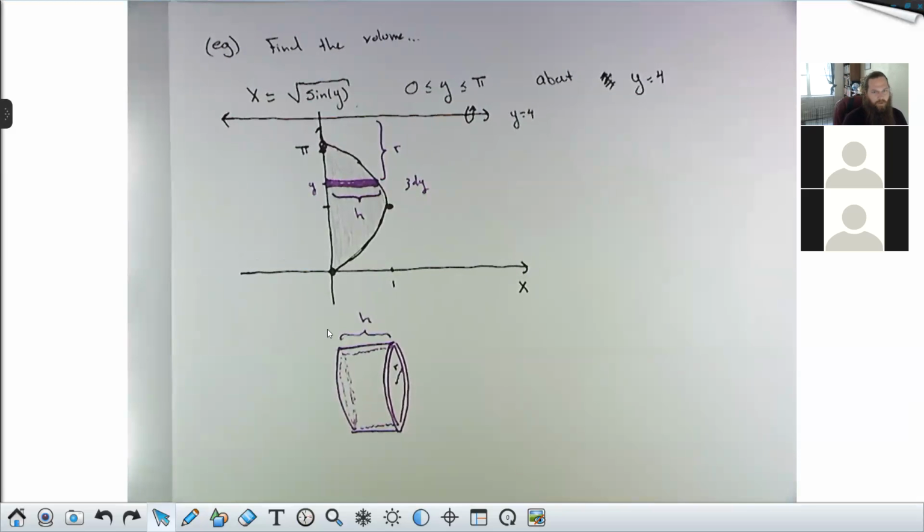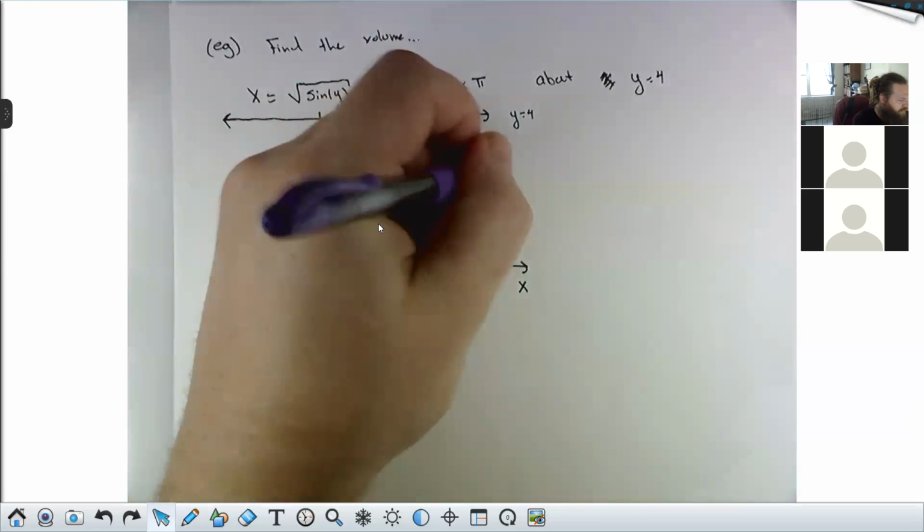I'm not going to draw the cut and unroll. You know what it looks like. You slice this thing and unroll it and you get a rectangular box. But I do want your help coming up with the value of the radius and the value of the height. So what is h?